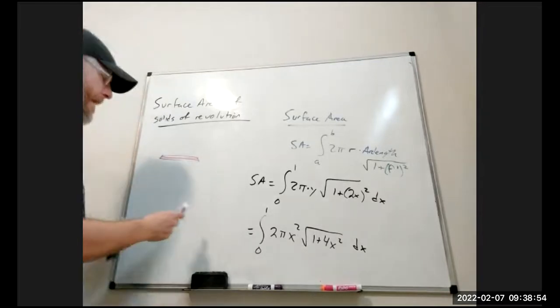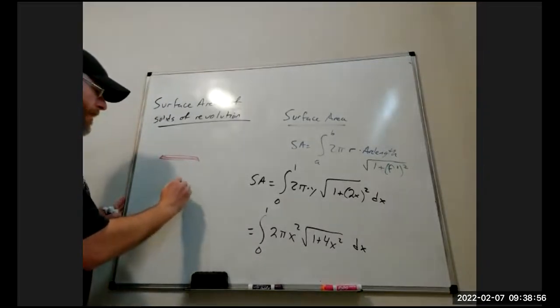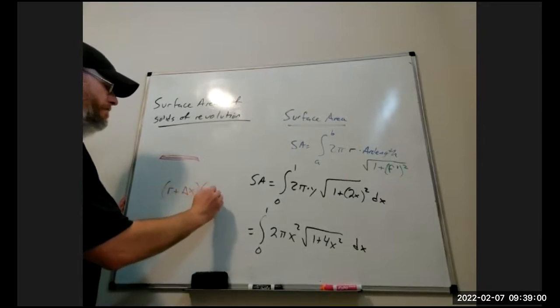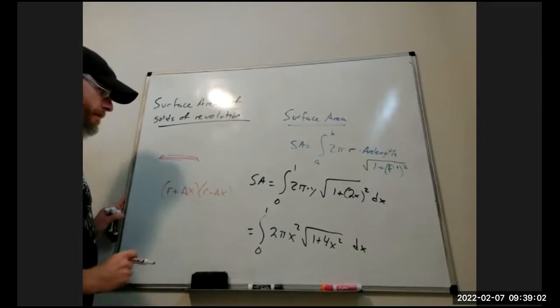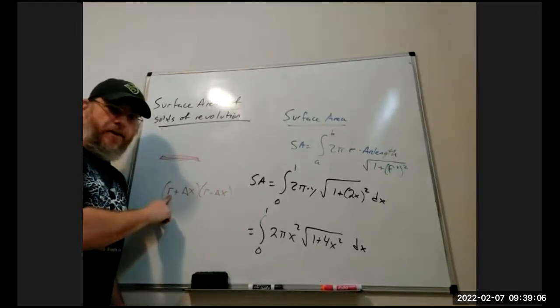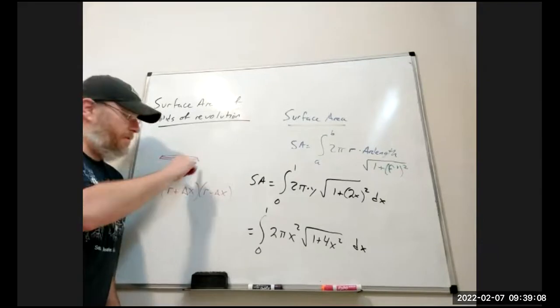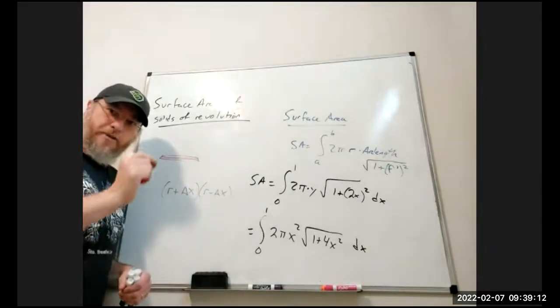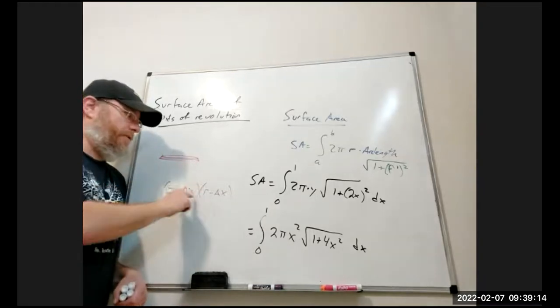Think about this. If I have r plus delta x times r minus delta x. Think of this r as the r that I'm using in the middle, the middle r. And then I'm going to have a little bit of an increase and a little bit of a decrease for the bigger versus the smaller.